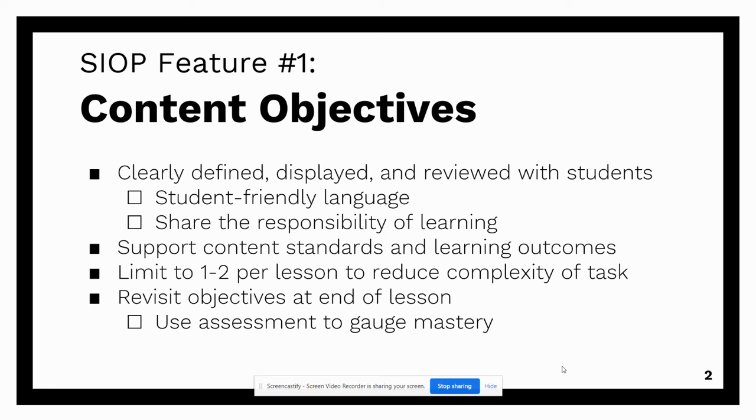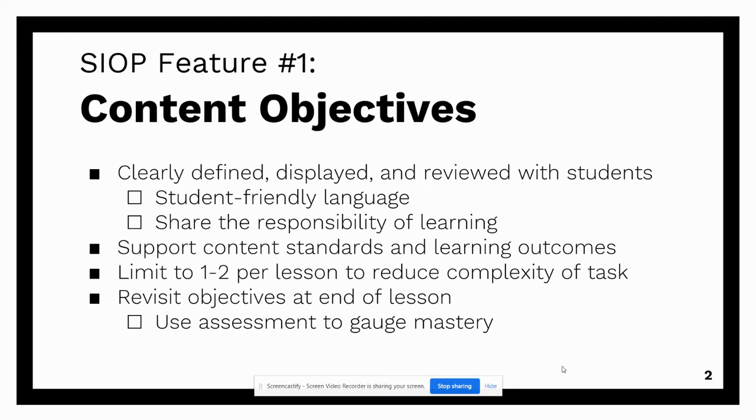And because we're sharing this with students, I think we want to limit it to one or two objectives just to reduce the complexity of the task. It can be very overwhelming for students to see all of these things that I need to be able to do by the end. And so if you just put one or two, it makes it much more manageable for the student as well as I think for us too. We're not trying to focus our attention in too many directions.